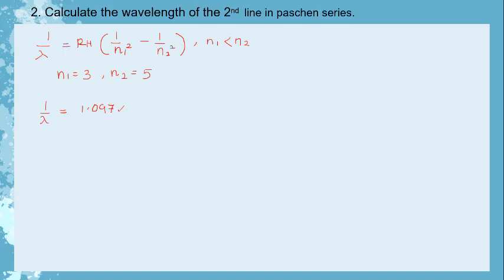The Rydberg constant that we use here is 1.097 times 10 to the power of 7 per meter.